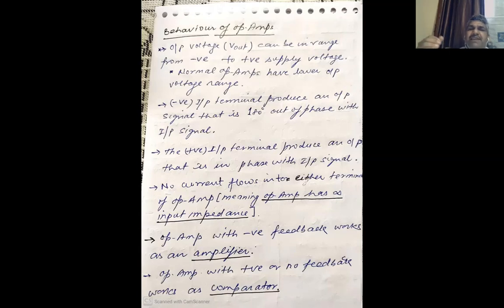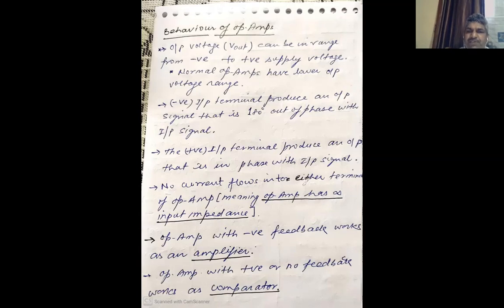Similarly, the positive input terminal produces an output which is in phase with the input signal, meaning there will be no phase change at the output. We will study these properties later on.